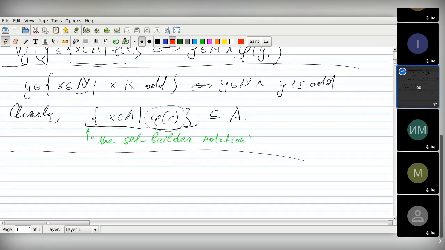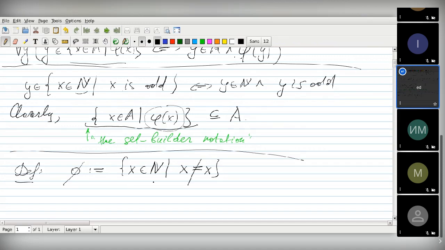What if it is not possible to satisfy this property? For example, let's define the following set: the set of all naturals which don't equal themselves.